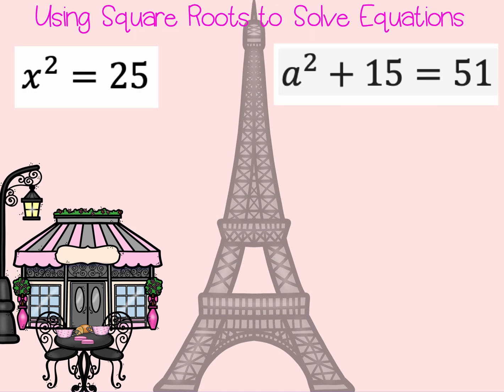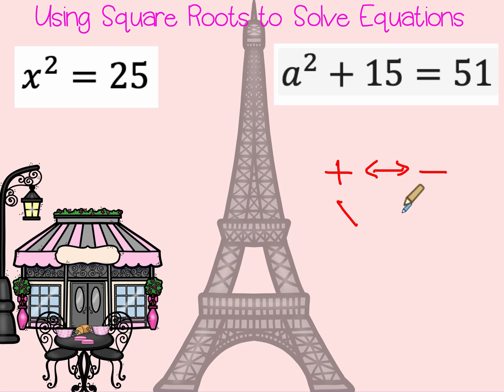Okay, so now we're going to move into why square roots are important in terms of algebra solving. We've learned that every operation in math has an inverse, which we learned in elementary school. Adding's inverse is subtracting, and subtracting's inverse is adding.